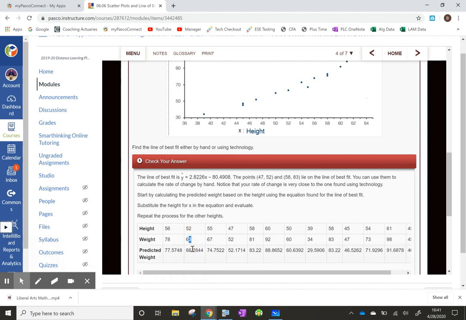In this case, it's a little bit higher than 63. But you see the difference, right? These numbers are all the actual weights from the data that we collected and graphed. And then the numbers below it are the weights that are predicted using the equation that we get. So these are the values you get when you actually plug all the x's into your equation.